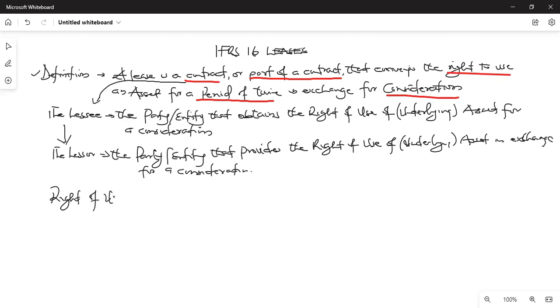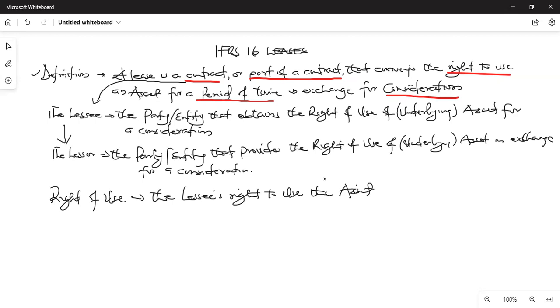The right of use, probably a new phrase that you are encountering, is the lessee's right to actually use the asset. So, the right that you have to stay in the room and paint the room with the colors that you want, anything that you want to do with the asset.